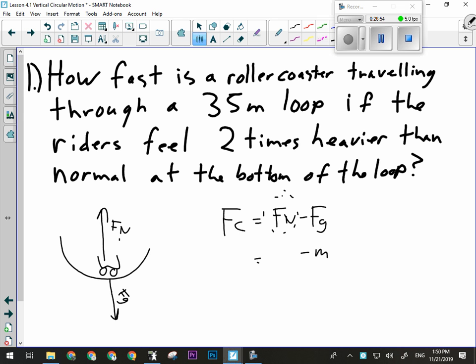This is normal. So what's 2 times bigger than that? 2 mg. That's 2 times bigger than normal. What's 2 mg minus mg? Mg. 2 apples minus 1 apple is 1 apple. We'll go over the rest of that tomorrow.